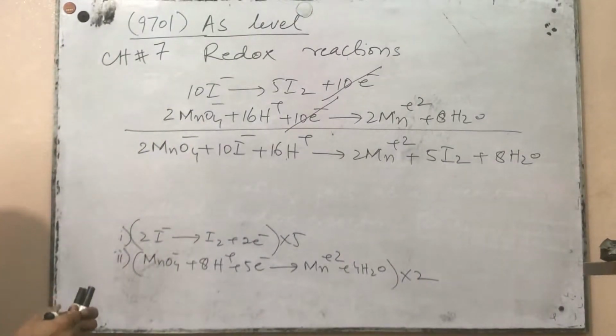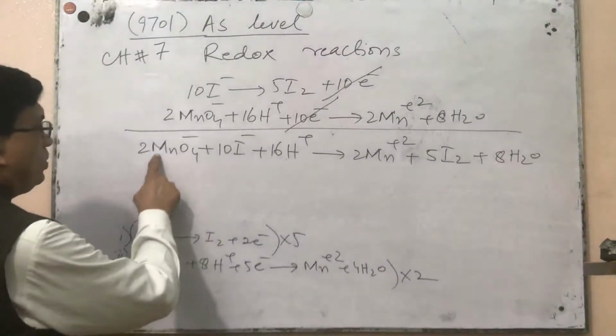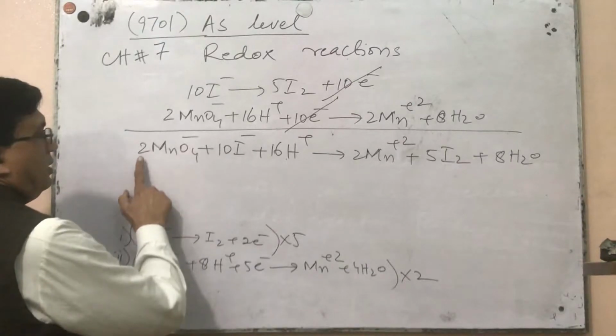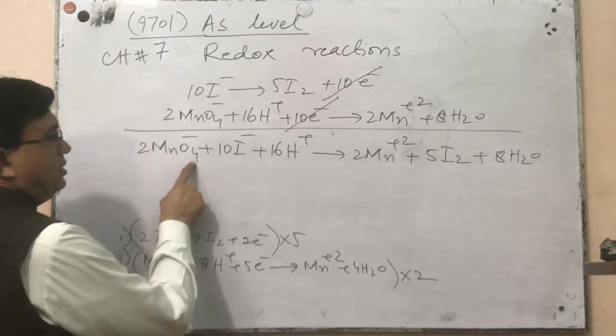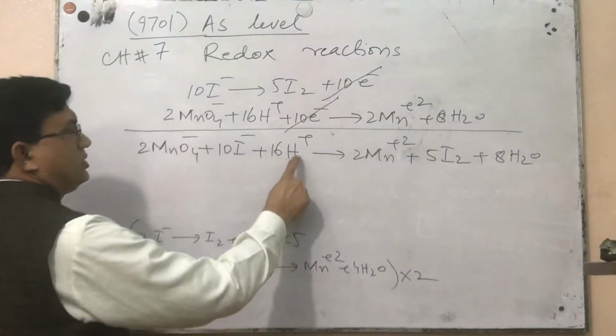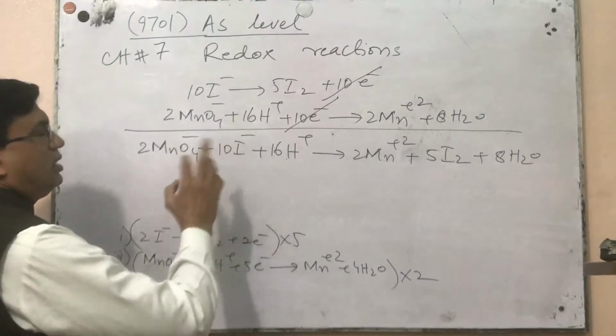Now if we look at this equation, it is already balanced: 2 Mn, 2 Mn; 8 oxygen, 8 oxygen; 16 hydrogen, 16 hydrogen; 10 iodine, 10 iodine.